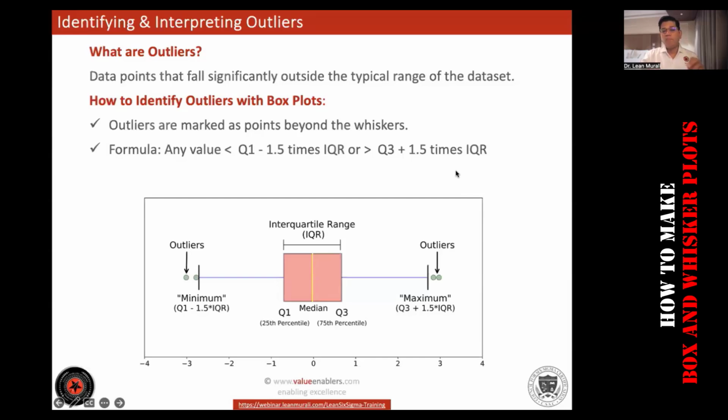If you still don't understand the formula, please go ahead and research in ChatGPT, YouTube or the net. Any value less than Q1 minus 1.5 times IQR or greater than Q3 plus 1.5 times IQR qualifies as an outlier.